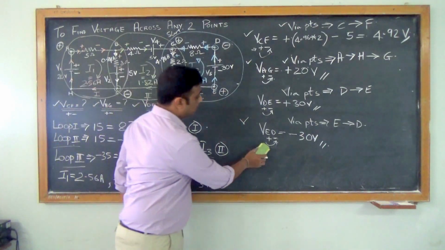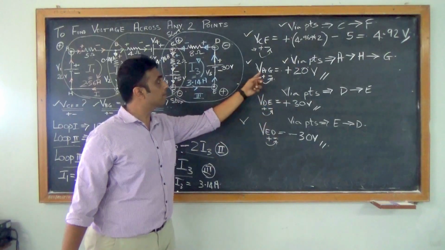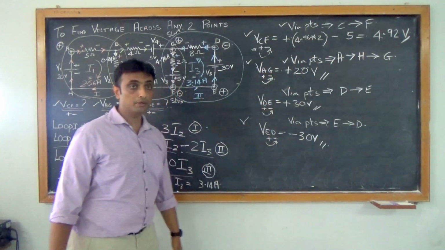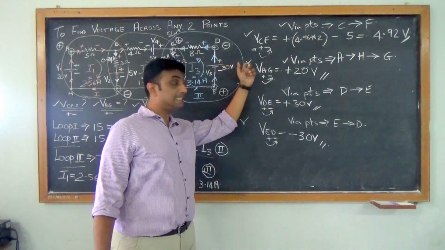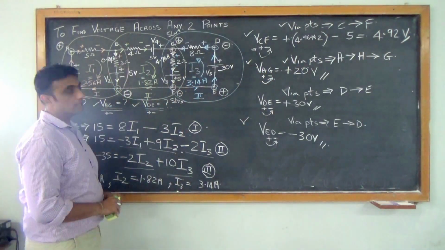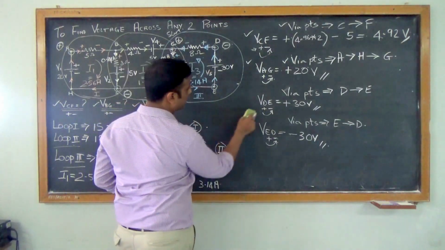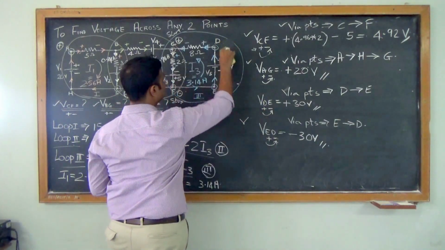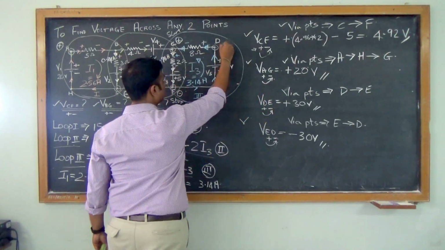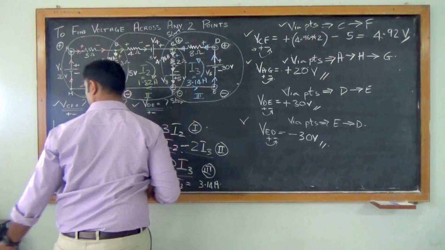So the only difference is that its polarities will be reversed. In the same way, I have VAG. If my VAG equals plus 20 volts, then obviously my VGA will be minus 20 volts. This revolves around a simple concept. If I am considering VDE, the positive terminal of the multimeter is here and the negative terminal is here.